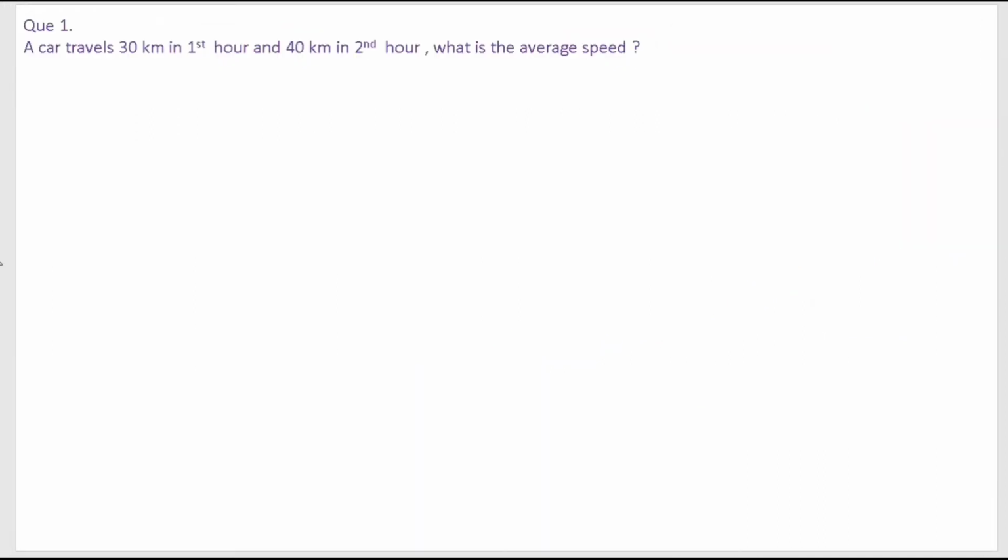Now let's see some more examples to find the average speed. A car travels 30 kilometers in the first hour and 40 kilometers in the second hour. The total distance d equals d1 plus d2, which is 30 kilometers plus 40 kilometers, equals 70 kilometers.